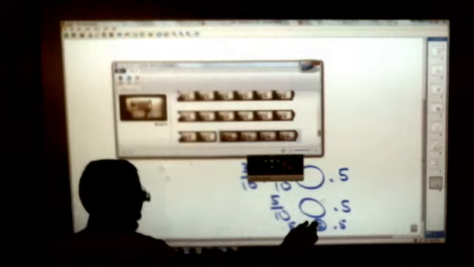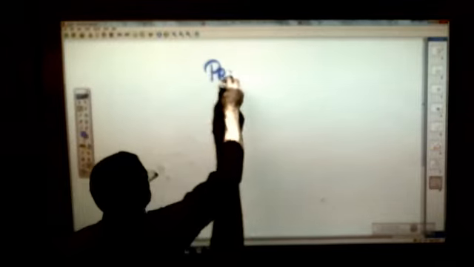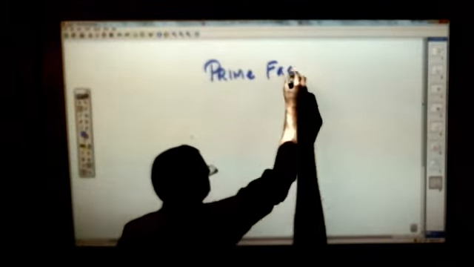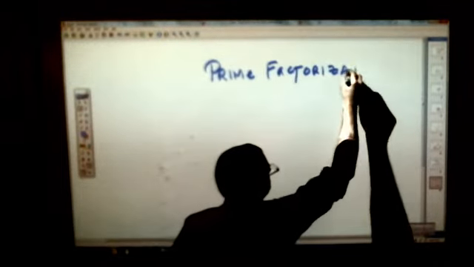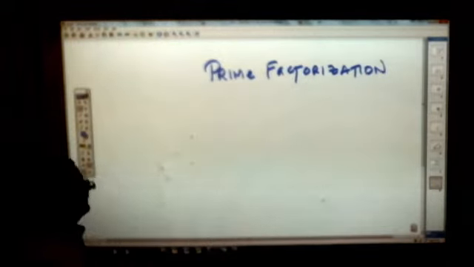Take out a blank piece of paper. And on top, if you would, write prime factorization. Prime factorization.